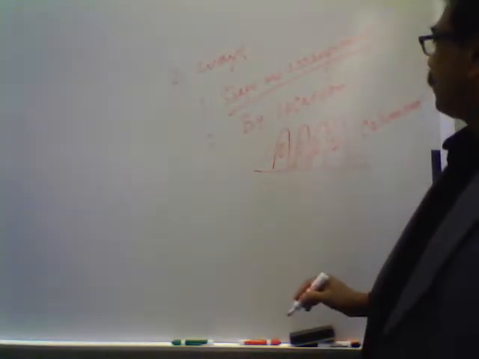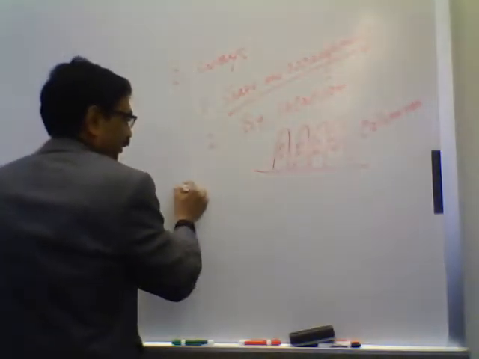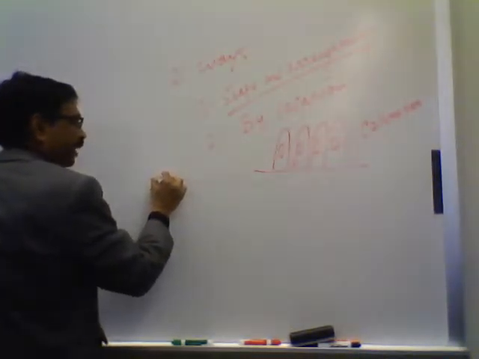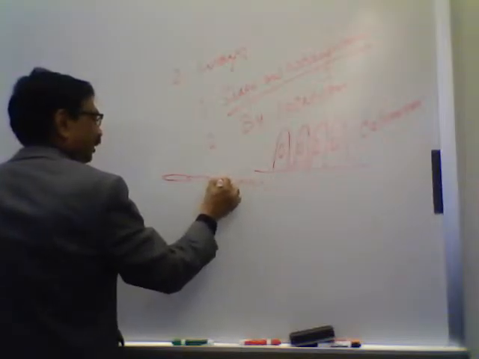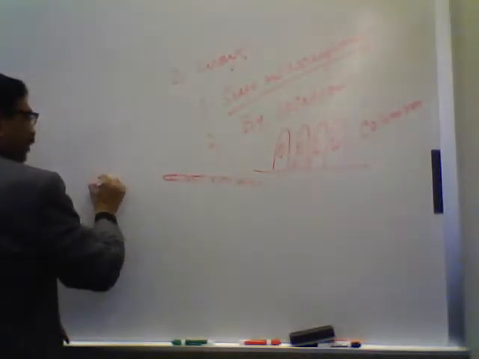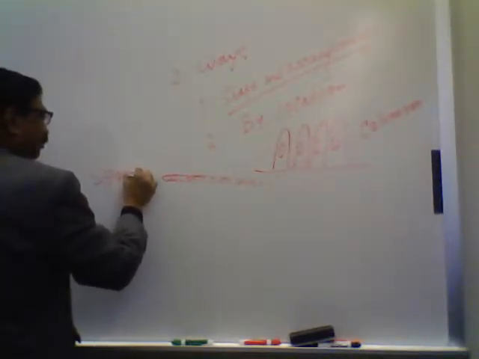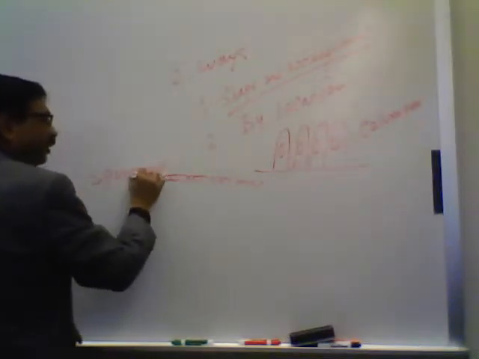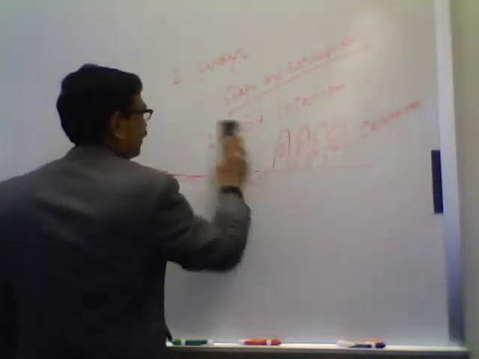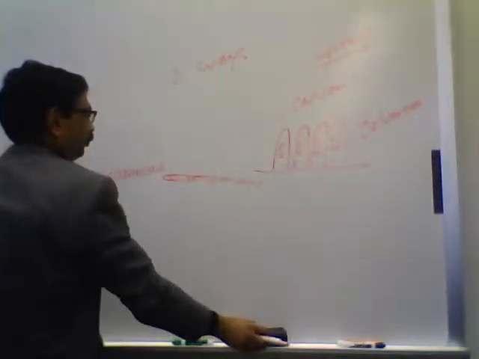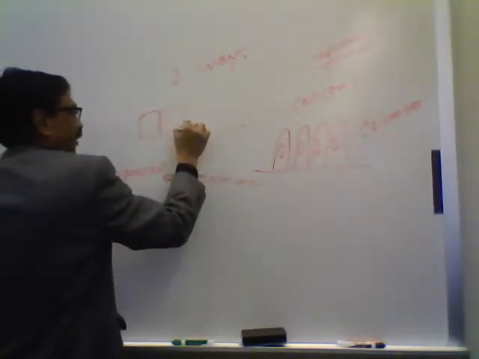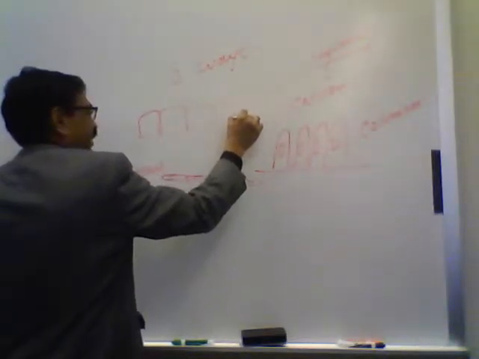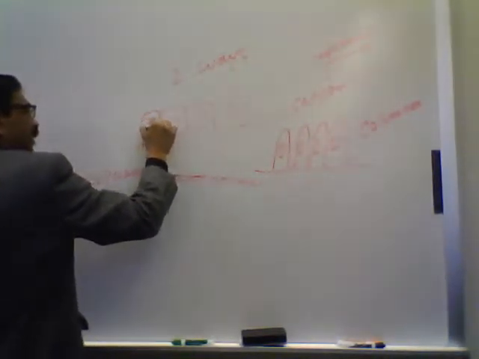Another type, if you see, the cells are flat, like this. Called what? Squamous. Very good. Squamous. If you see, the cells are cubical shape. That means cuboidal, right? Height and width almost the same, like cubes. So cuboidal.